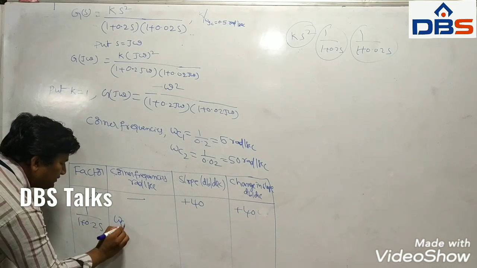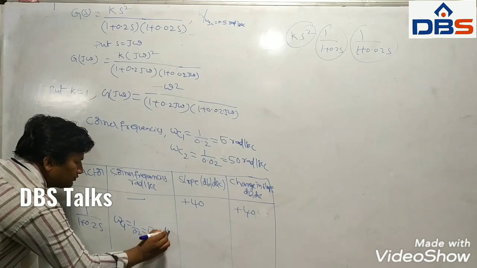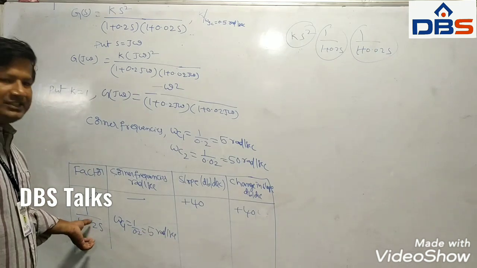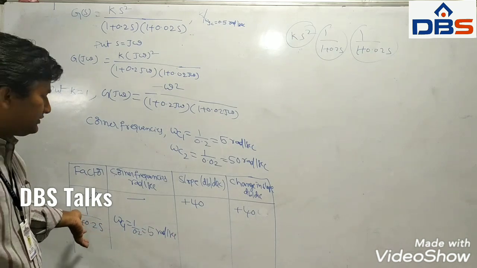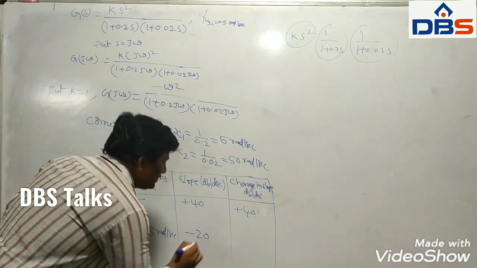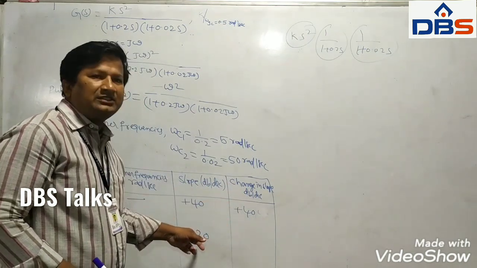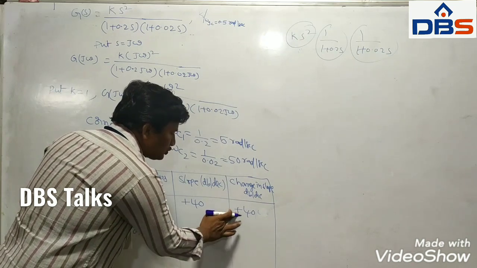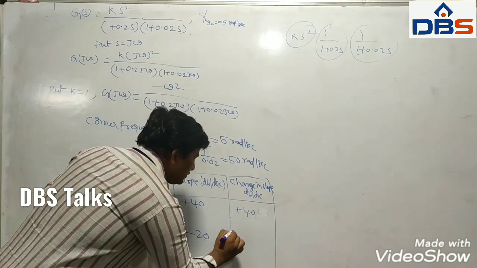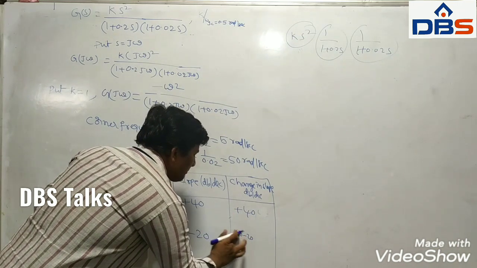Now the second factor is 1 by (1 plus 0.2s). Here the corner frequency is 1 by 0.2, equal to 5 radians per second. This is a pole, so the slope is minus 20. The change in slope is the previous slope plus this slope, so plus 40 minus 20, equal to plus 20.